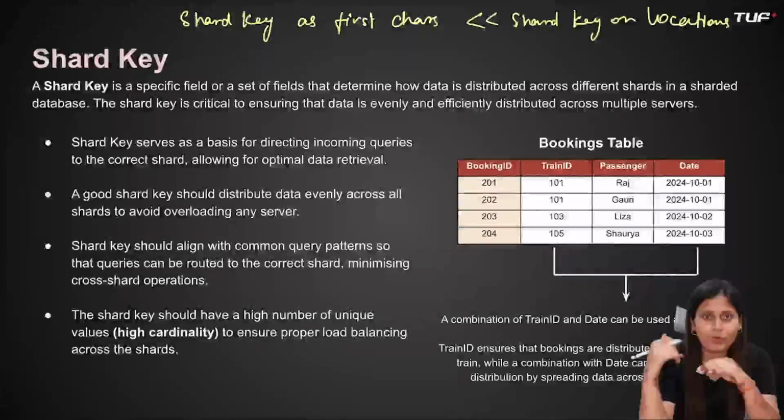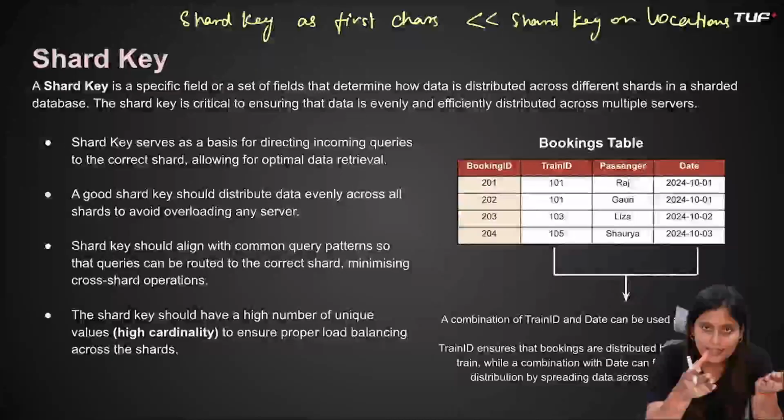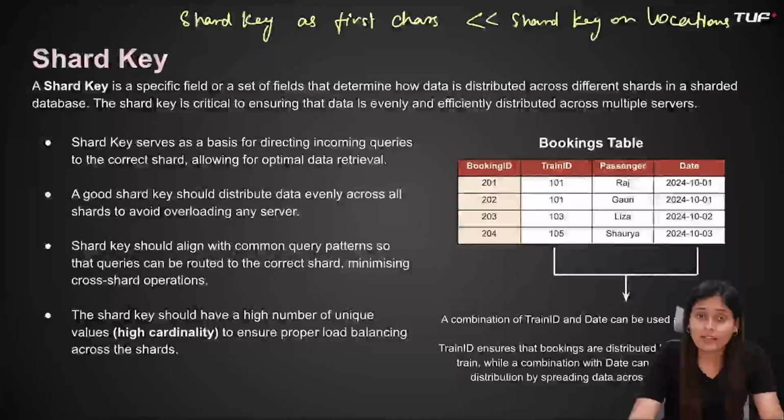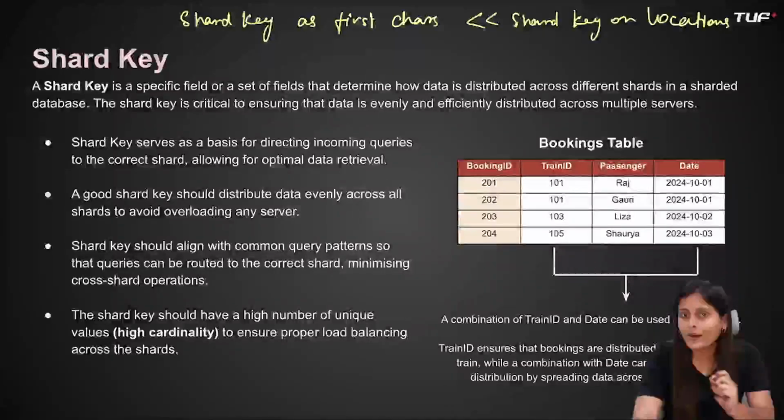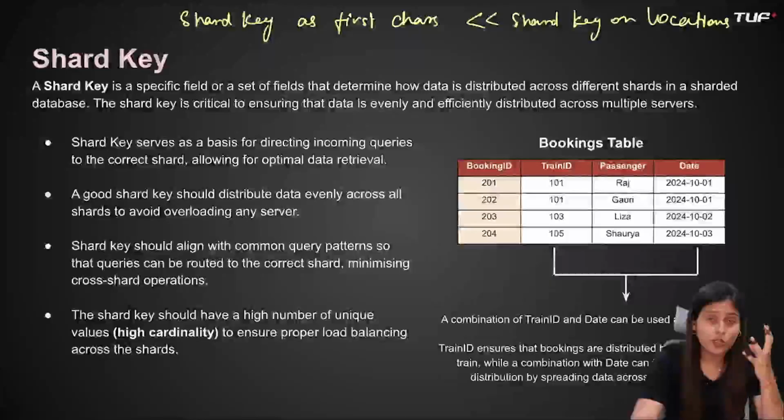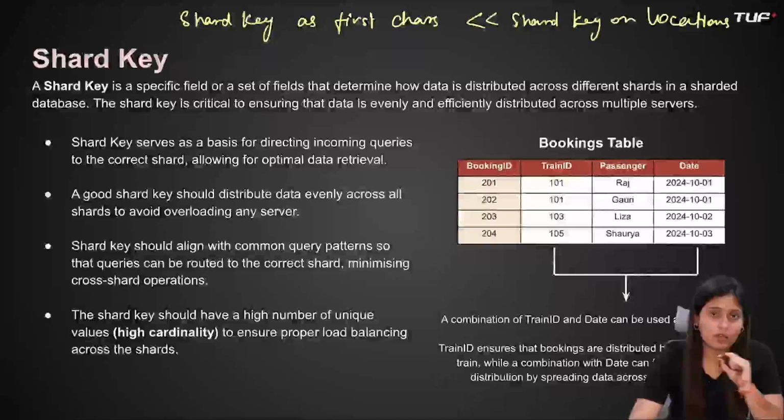So if it is routed to the Delhi server, how will it check that the booking is for Delhi or not? So the selection of shard key is very important, on whatever basis you want to route the database or keep the database on some condition. The shard key should include that parameter, right? If you want to divide on the basis of location, the shard key should include the location as well.